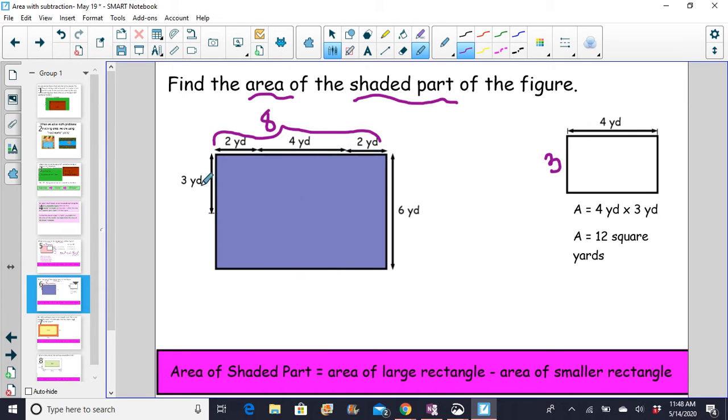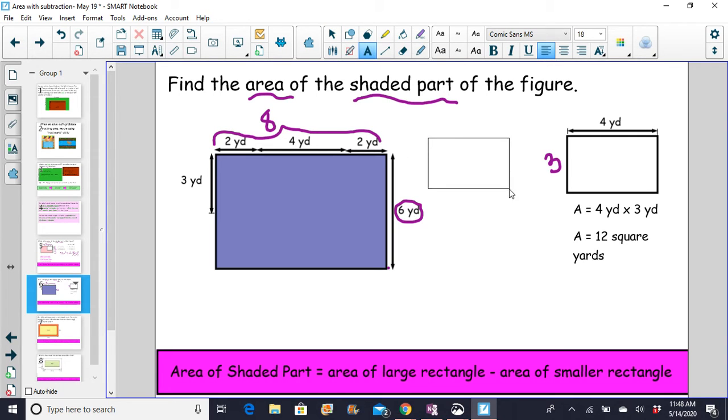And my width, now notice I do have measurements on both sides, both widths of this rectangle. But I want to use the larger one because this is the measurement, if you notice the arrows, of the entire vertical side. So I'm going to go ahead and find my area of the larger rectangle.